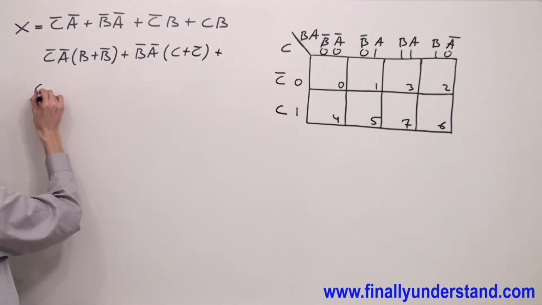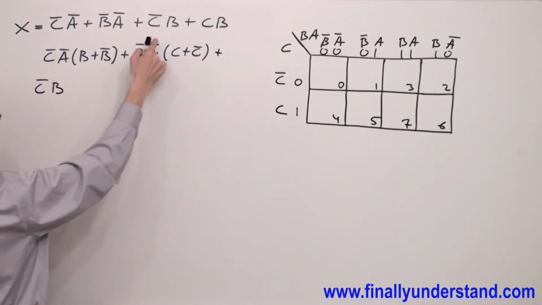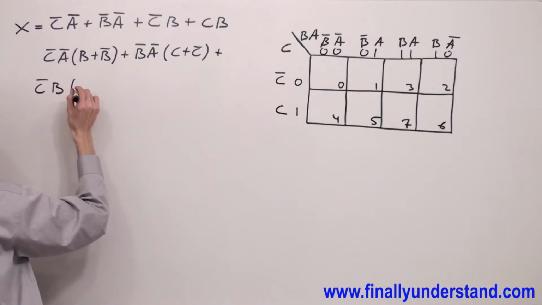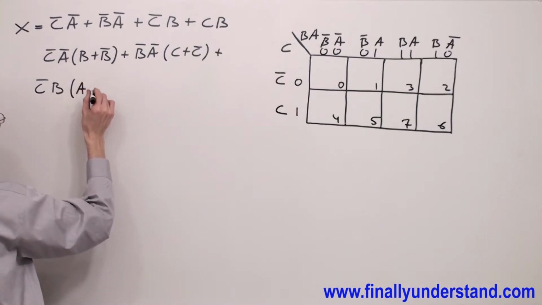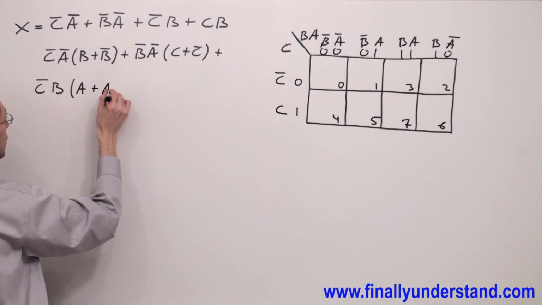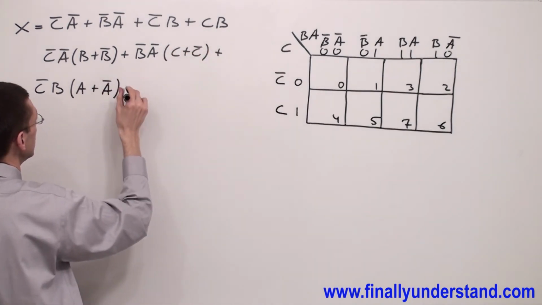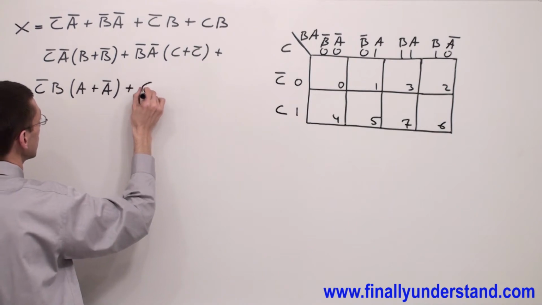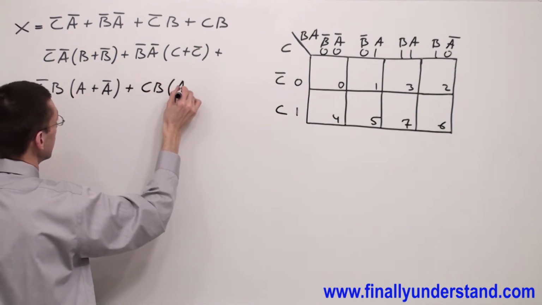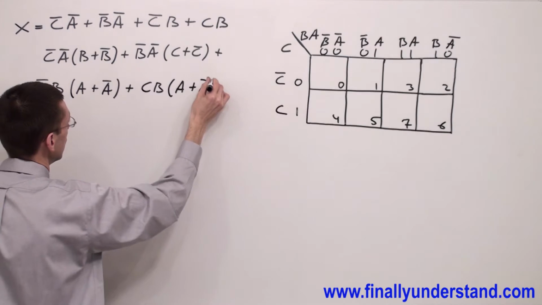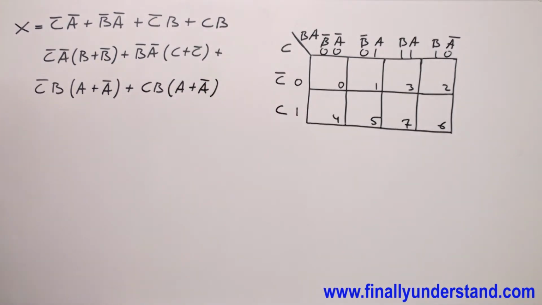Or C not B. This one is missing A, so multiply by A or A not. This one is missing A again. So I have C, B, and I have A or A not.